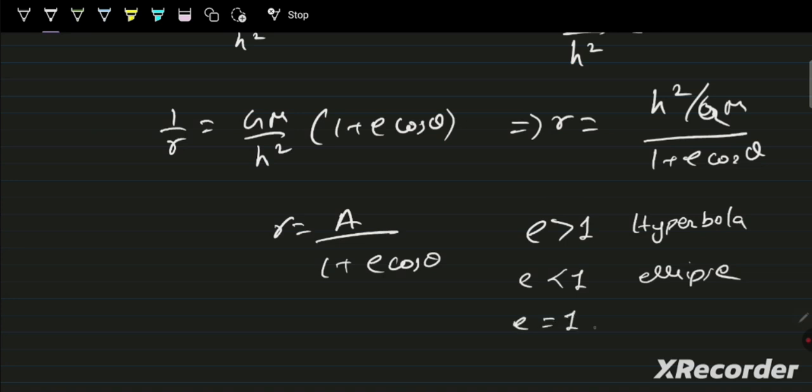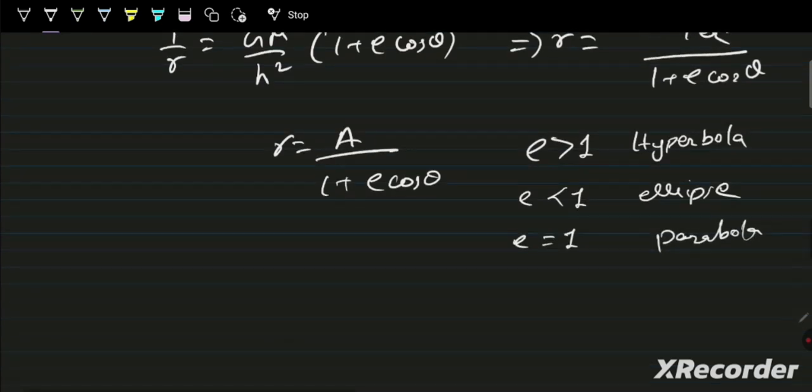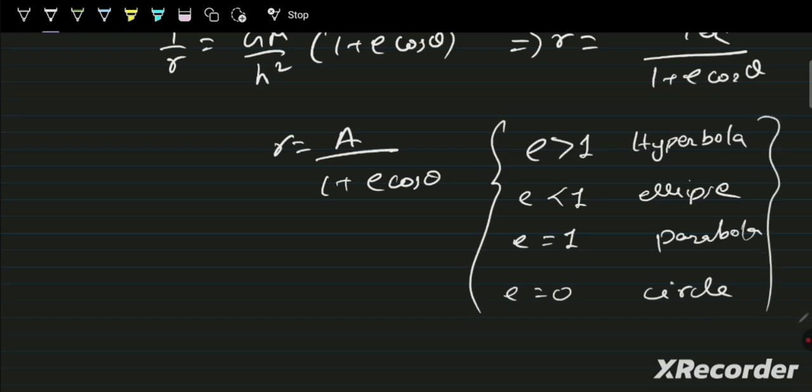E equal to 1, it will be a parabola. Similarly, e equal to 0 will give you a circle. So we derived the equation of motion under gravity.